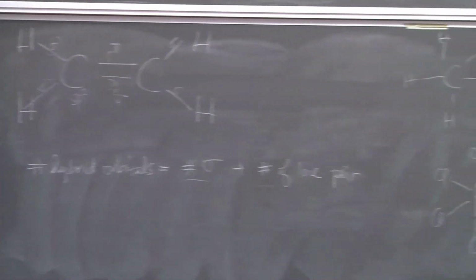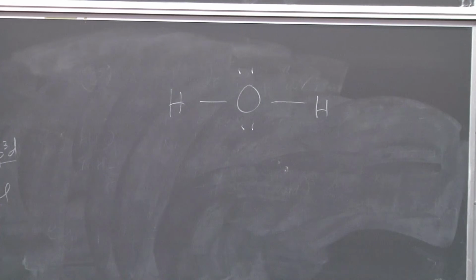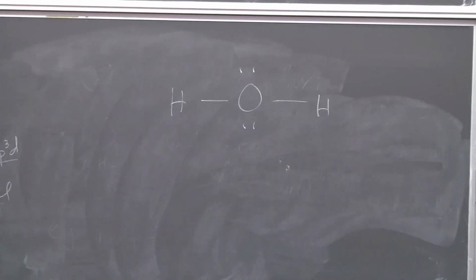I've got an example for you actually. Look at this guy. How many sigmas do I have? How many hybrid orbitals do I need for this one? Okay, so a total of 4. So what's my hybridization? sp3.